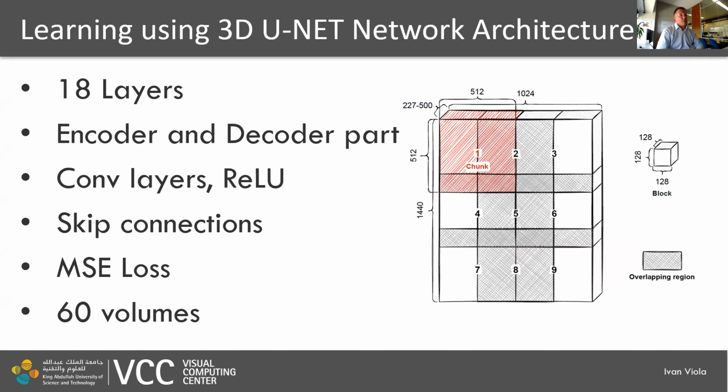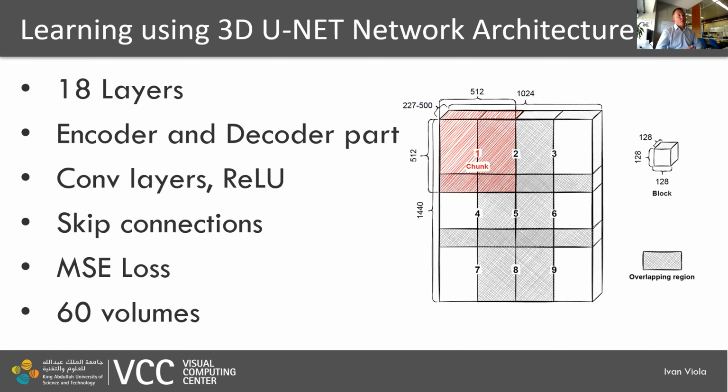For that we have to use only smaller blocks of 128 cubed. We further subdivide our volume into so-called chunks, and these chunks are also overlapping. Within these chunks, we take out these 128 to the power of 3 blocks, and we use them for training, for all the 60 volumes which we have.